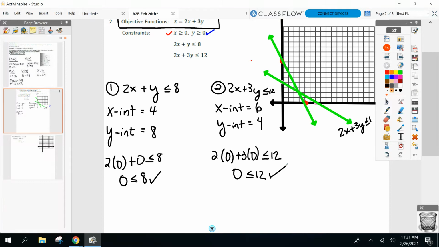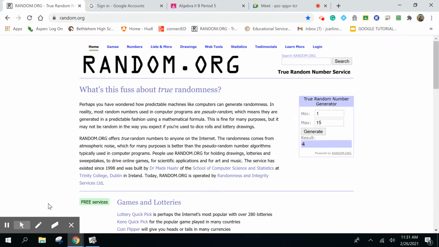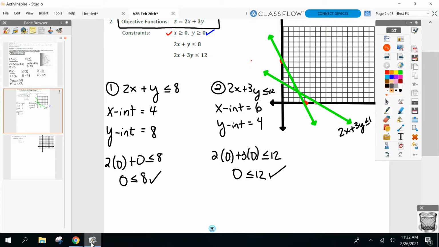So 0, 0 worked once again. Left or right of that line? Liz, going back to you. To the left. Thanks, Liz. Good. So, guys, both lines are getting shaded to the left.